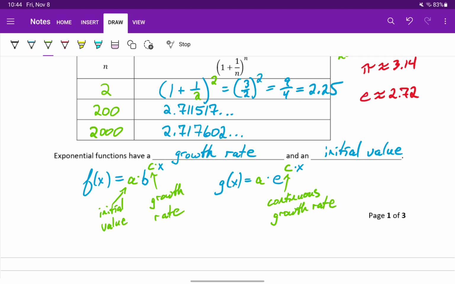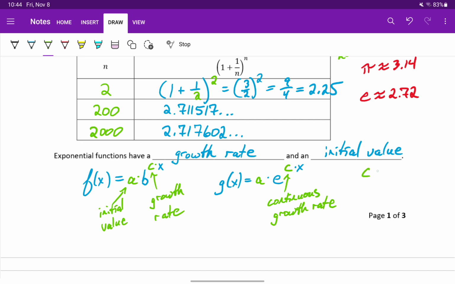But the idea applies. That value for c is telling us how quickly our function value is increasing, meaning we can compare the growth rate of two functions or tell which function is increasing faster by just looking at those values for c and comparing those two numbers.